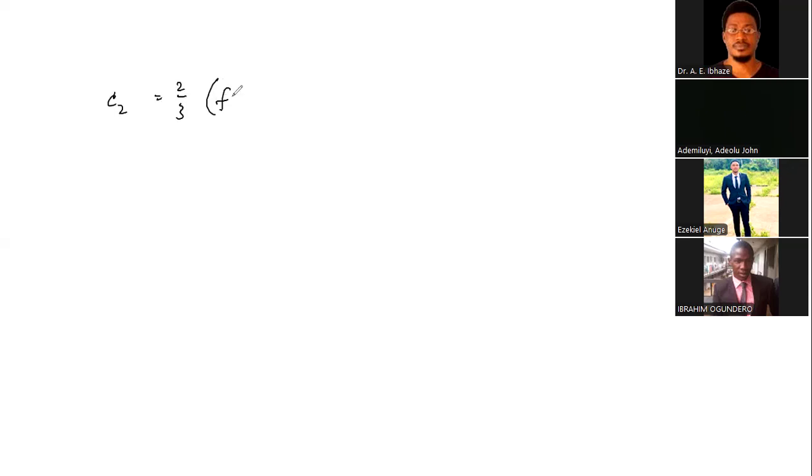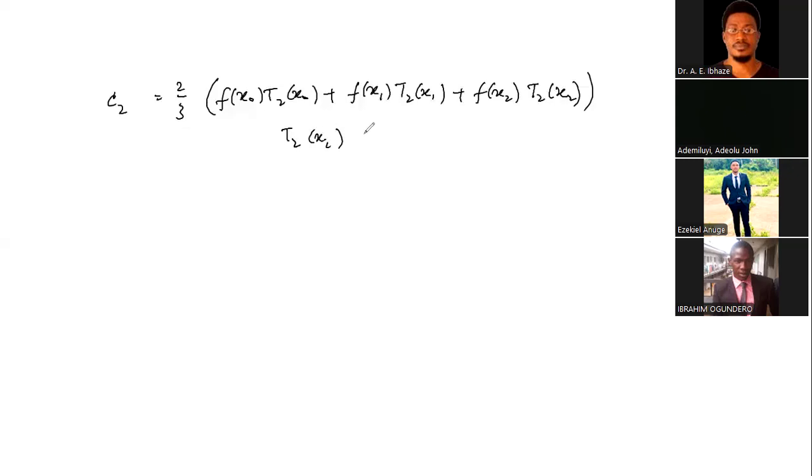C2 is the same as 2 over 3, f of S0 T2 S0, plus f of S1 T2 of S1, plus f of S2 T2 of S2. But we already know that T2 of X sub I from our analysis is the same as 2 S sub I squared minus 1.